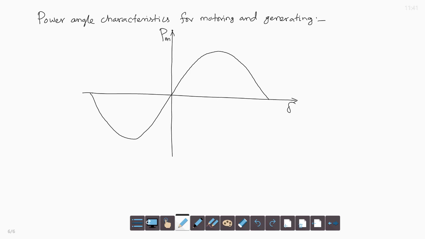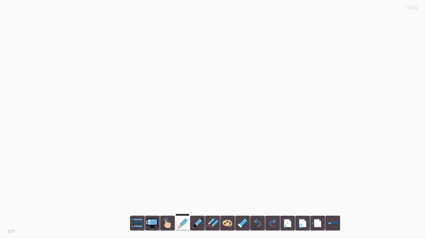This is for motoring and this is the origin, this is for generating. For motor, delta is positive. So, power and torque are also positive. For generator, delta is negative. So, power and torque are negative. Next, let us discuss salient pole wound field synchronous machine.